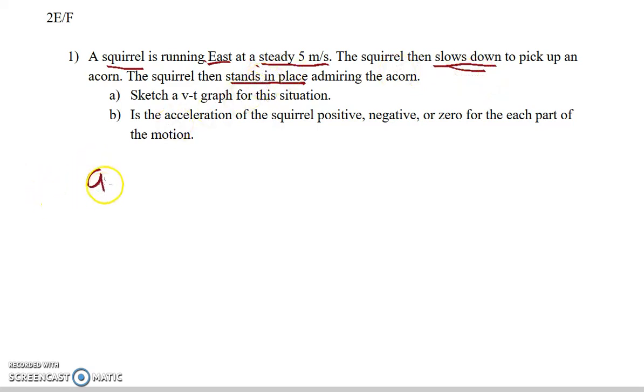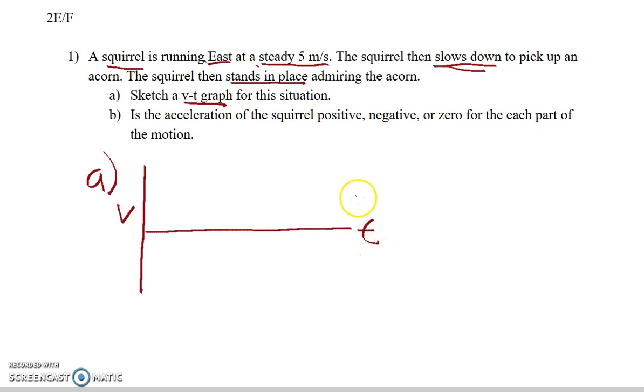The first thing it's asking for is a VT graph. There are 3 sections to the motion, and these are all common VT shapes put together. The first shape is east at a steady 5 meters a second. A steady 5 meters a second on the VT graph is a level line to show that the velocity is constant.